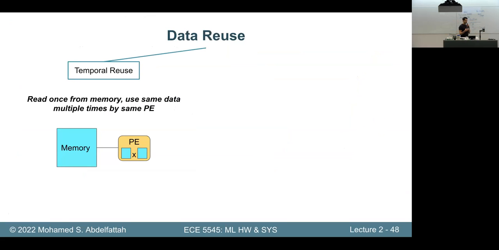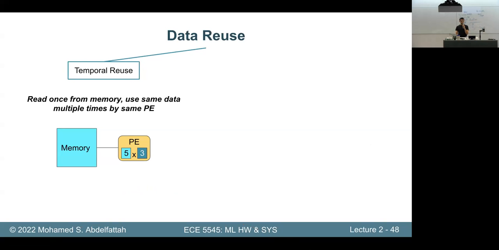And what that means is that I want to reuse that data either temporally, so read the data once from memory and then use the same data multiple times by the same PE. So in this case, I have memory, I'm loading this 3 into my PE private memory, but then to avoid paying for another movement of a number from memory to my private memory, I keep that 3 there, and I just keep loading different numbers, multiplying it by that 3.